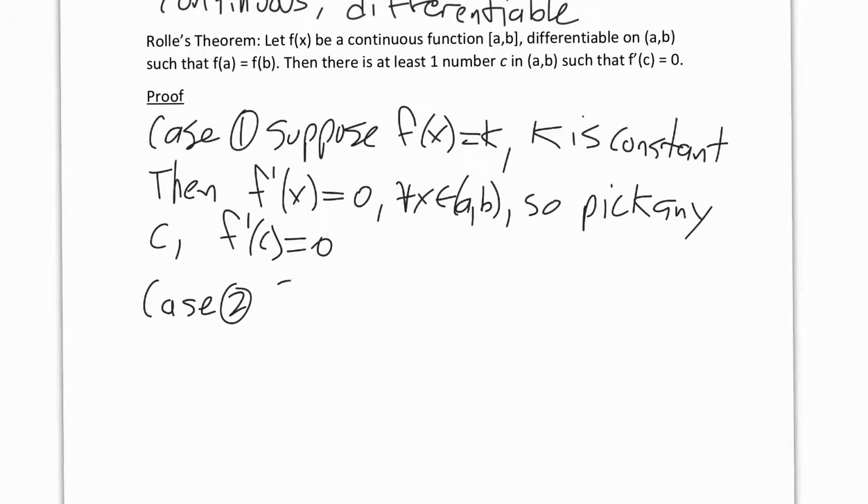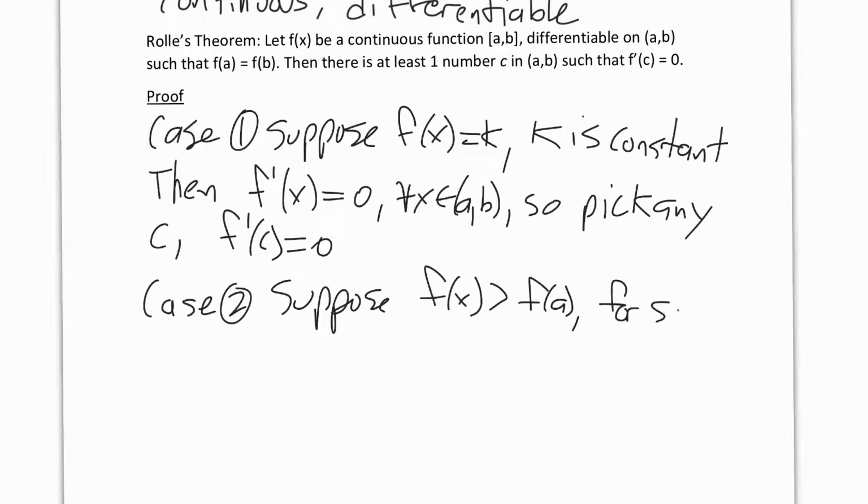You can either go up or go down. So we're going to start with case 2, and we're going to suppose that f(x) is greater than f(a) for some x in the interval a to b. So suppose that the function goes up from the endpoint.